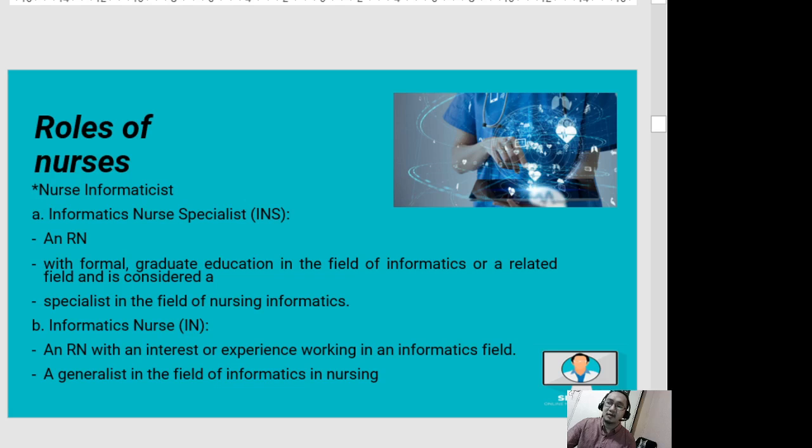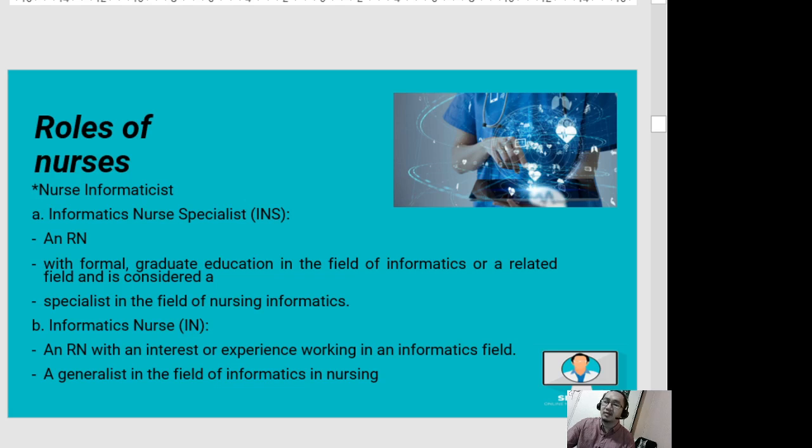But if I may share one reference, we also have the informatics nurse specialist and the informatics nurse, although both are considered nurse informaticists.